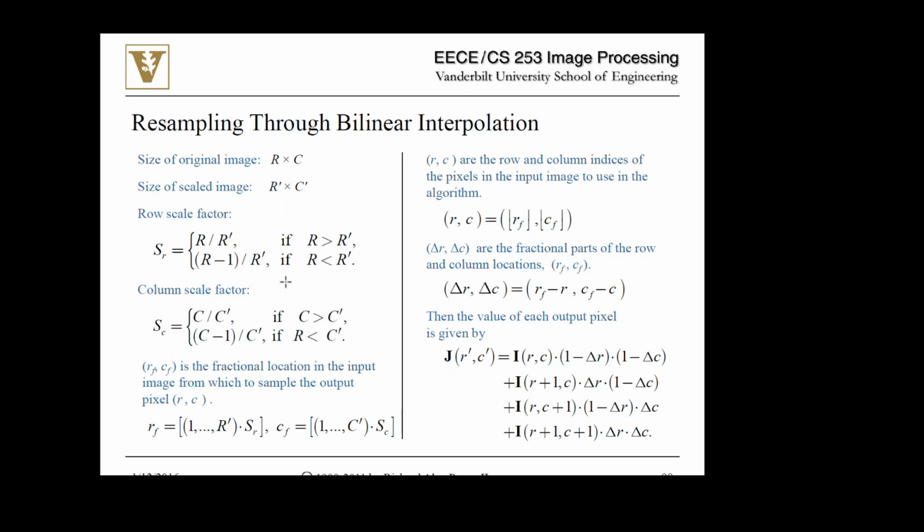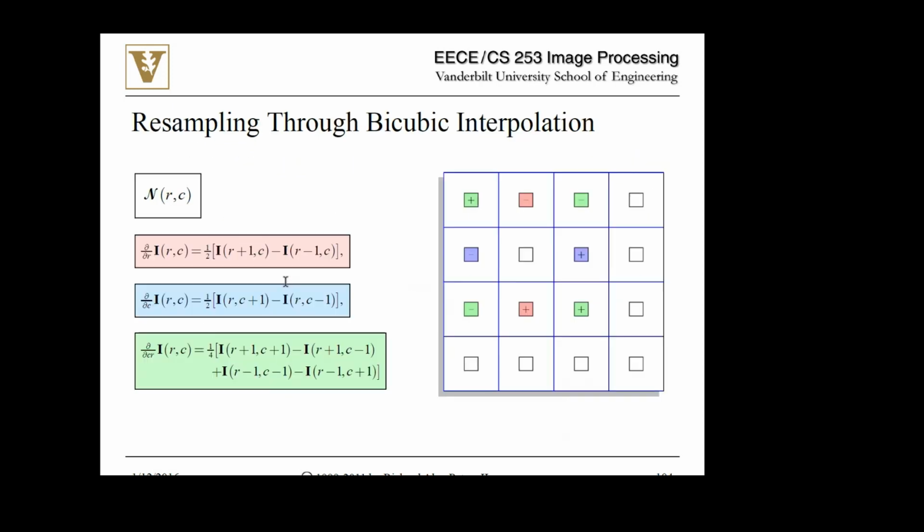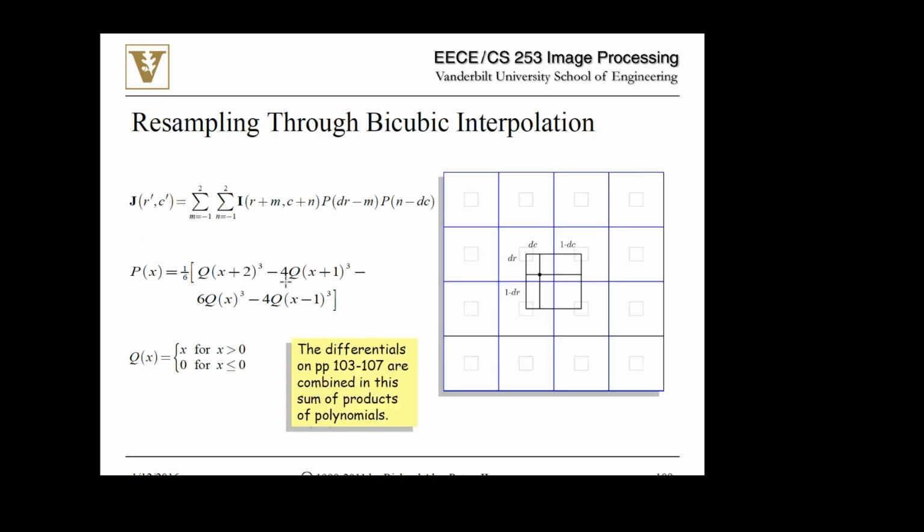This one was in x and this one was in y. So here we have the same again, but now the polynomial is of degree 3. It is defined in this way.